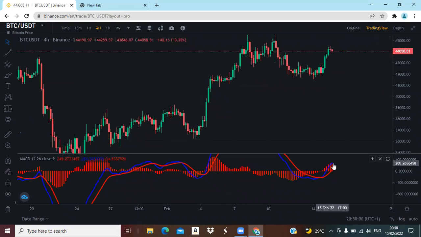Now it will reach a point where the histogram here will begin to decline in momentum, just like we see from this area. The histogram begins declining in momentum, which leads to an increase in momentum again on the positive side of the MACD. A decline in momentum on the negative side of the MACD gives rise to an increase in momentum on the positive side.